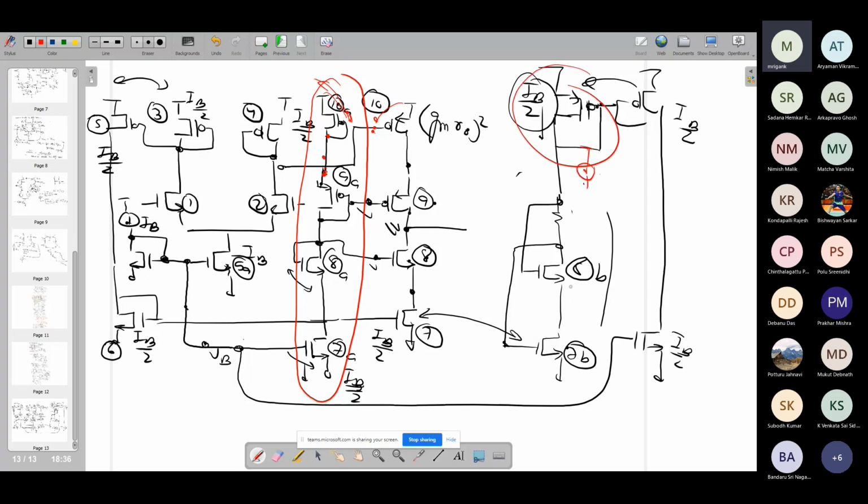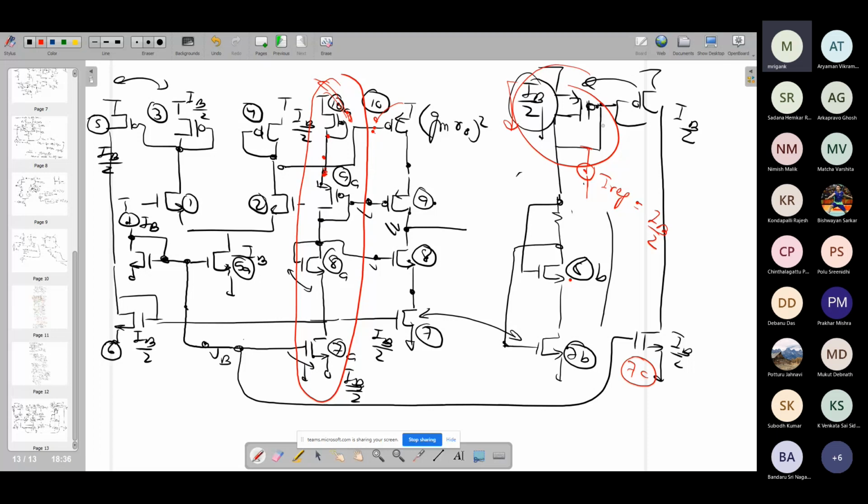So this 8B and 7B are like the current mirrors which are getting this Iref, which is equal to IB by 2. If I call this, say, 7C, the 7C is just taking the voltage bias VB and generating the IB by 2 and routing it to the PMOS, and then the same IB by 2 comes here.